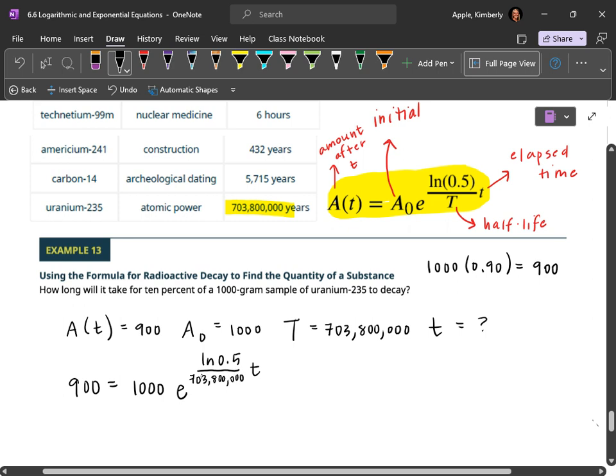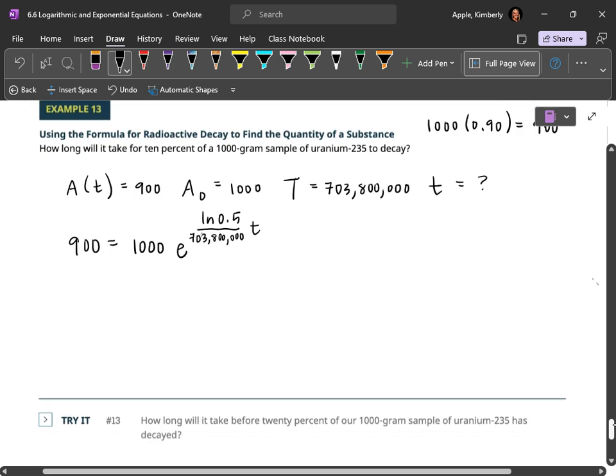703,800,000. And so to solve this, remember before we wanted to isolate the exponential. And so 900 divided by 1,000 is going to give me 0.90 equals e to ln 0.5 of 703,800,000. And so then remember, to get everything out of this exponent, I need to take the ln of both sides. And so when I do that, I'll just be left with the exponent, which is all this, times t.